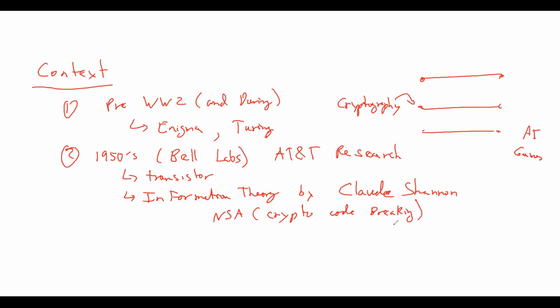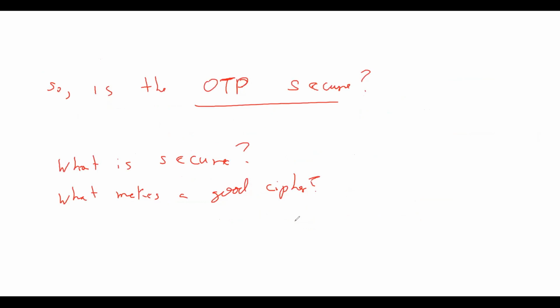All of this was new. He had formulated a theory of communication, information theory, and after that he was consulting on cryptography. And the question was, you have to think about it, what algorithms do we need? But more importantly, because you can have thousands of people creating algorithms, let's just start with the very basic one: if we have a message, an XOR operation, and a key, is that secure?